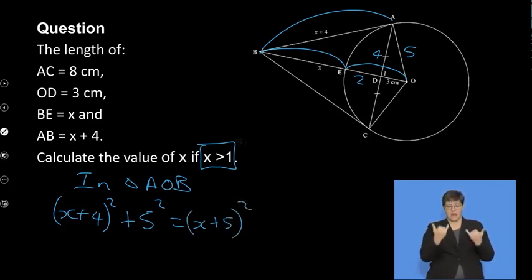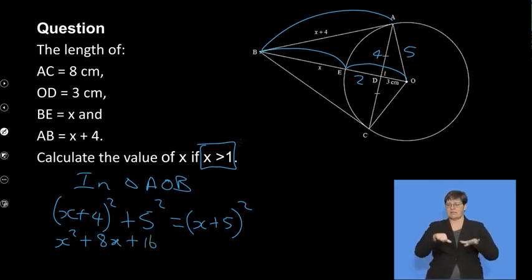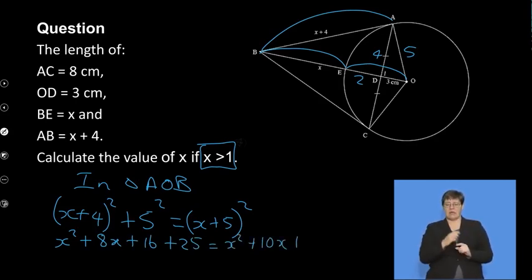And then you can solve this, right? So it will be x squared plus 8x plus 16 plus 25 equals x squared plus 10x plus 25. The 25 and the 25 will be 0.